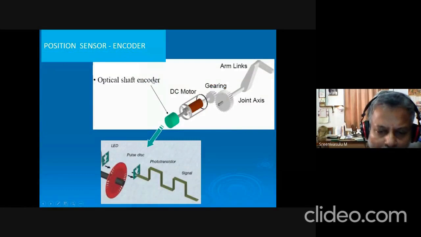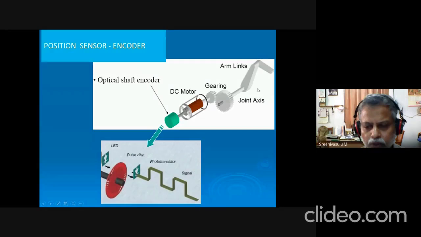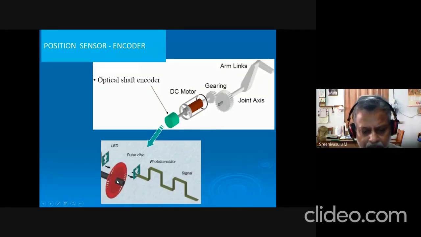Position sensor encoder with the support of an optical shaft. See, you have a DC motor, you have gearing. This is your robot joints, arms. Based on the movement of the arm, that is going to move this particular gearing, which moves this DC motor, and that gives an input to the optical encoder. You can see, even here, slots are there.